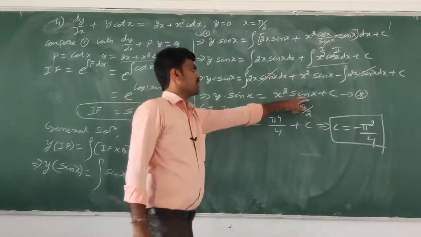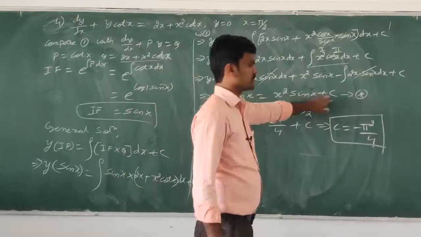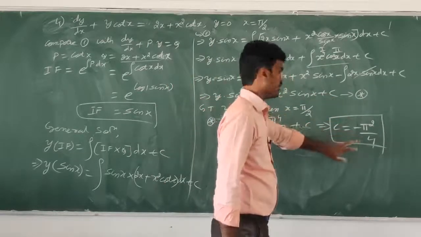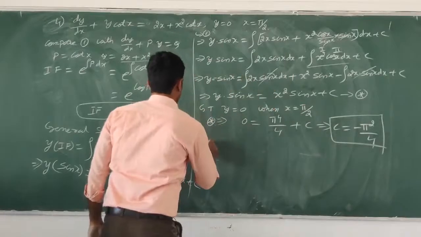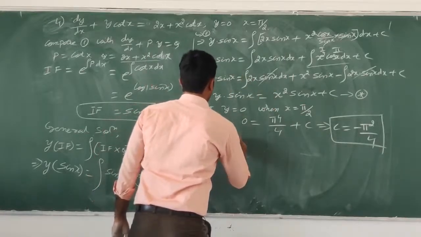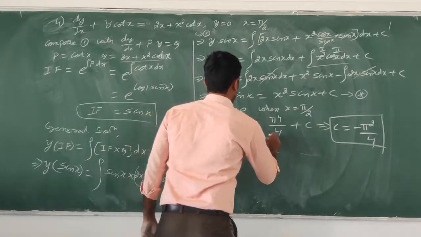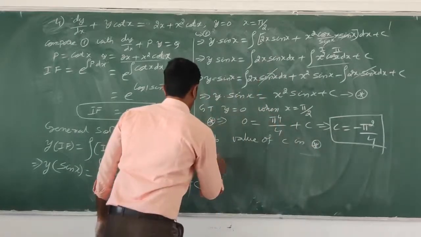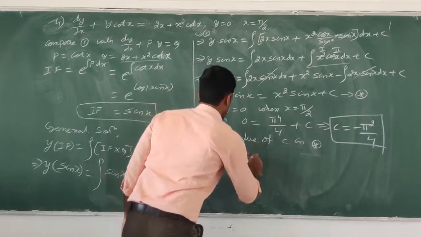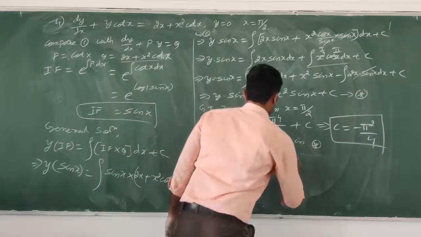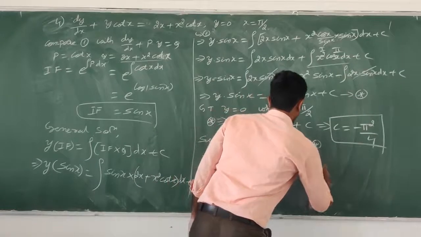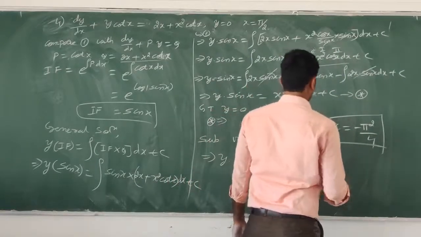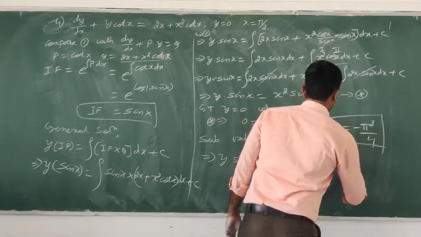Just replace the value of c in equation star by this particular value. Then equation star becomes y into sin x is equal to x square into sin x, minus pi square divided by 4.